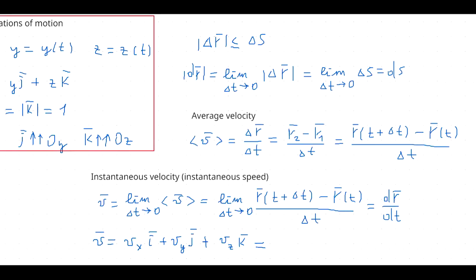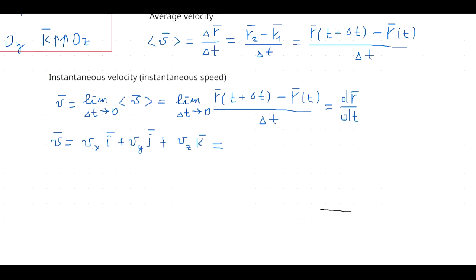We can use this here, and from this we have, in a short way, that Vx is the first derivative of x by time.